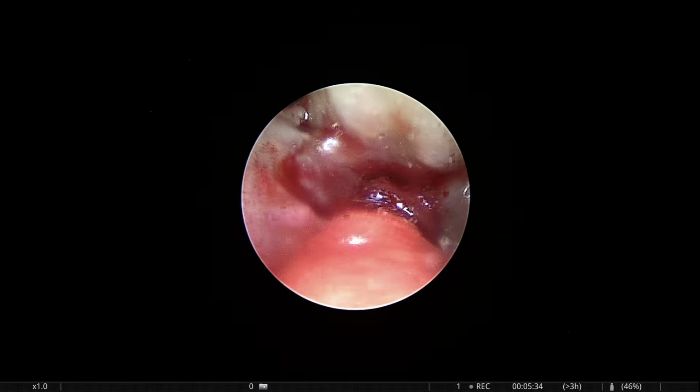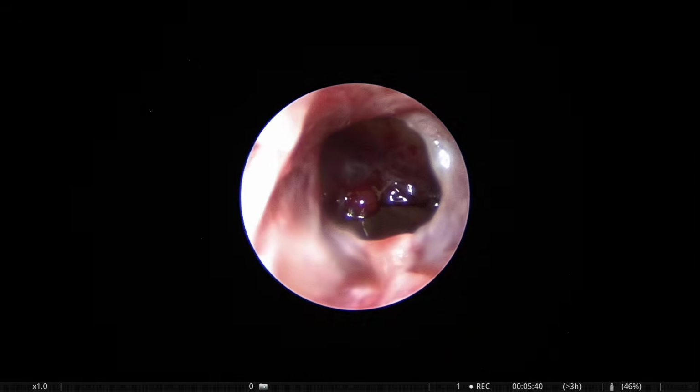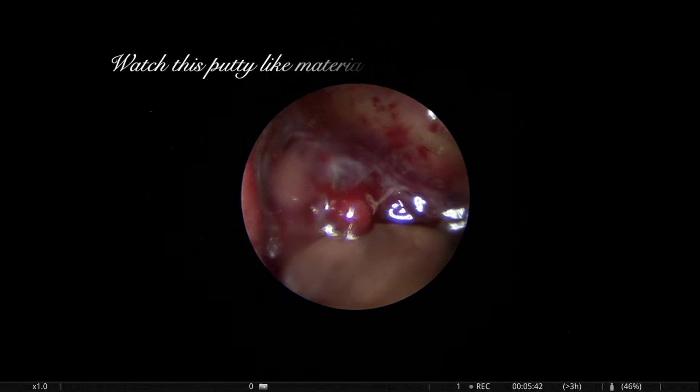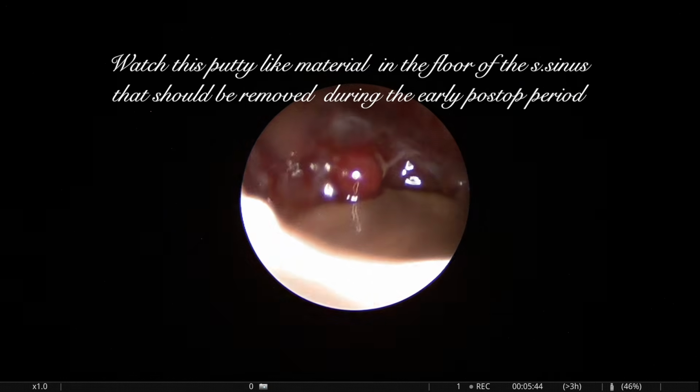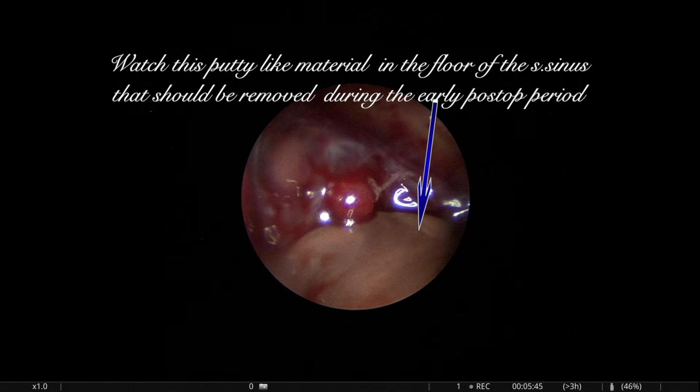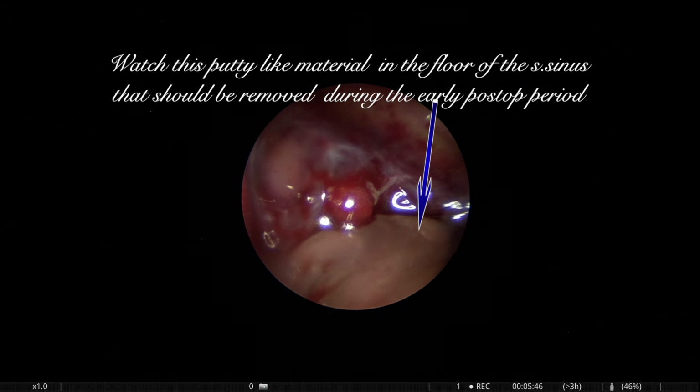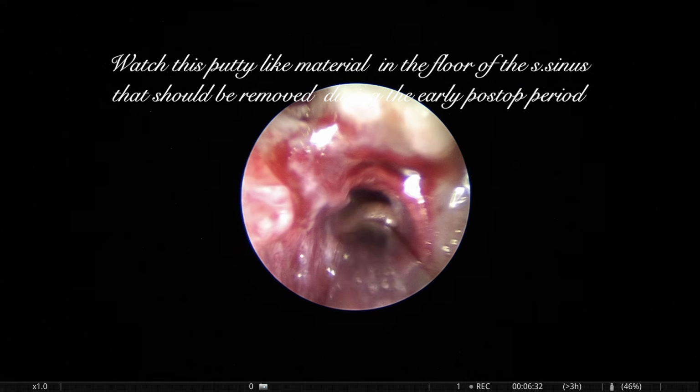One week after surgery, nasendoscopy. Watch this putty-like material in the floor of the sinus that should be removed during the early post-op period.